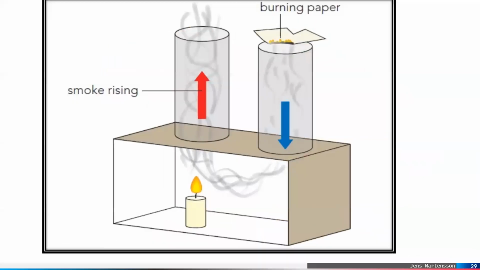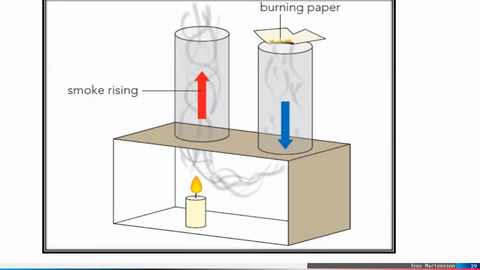This is an investigation to understand more about the convection current, or convection as a way of energy transfer. If you have a box with two holes, and at the top of the two holes you immerse two tubes.